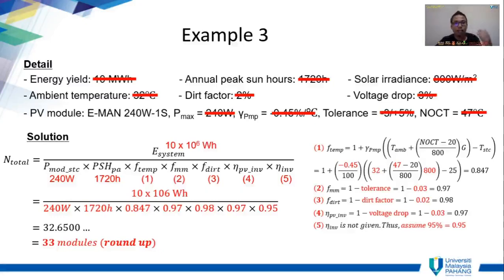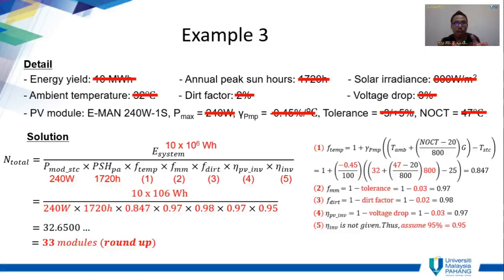Again, for the other two criteria, both are round down. But for the case of energy requirement, it's round up. The question is, why round up? We must meet the yearly energy requirement. You have to achieve that certain number of megawatt hours within a year.